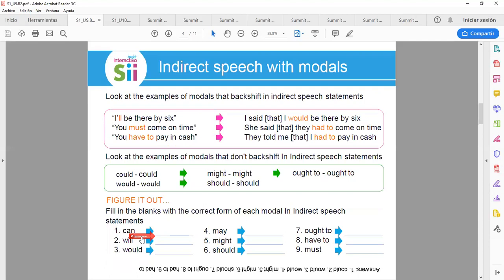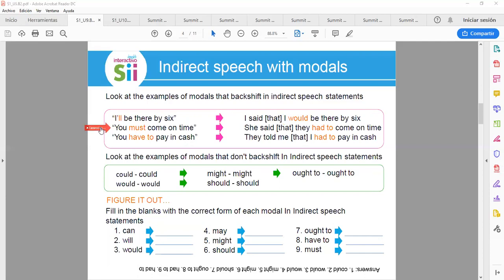Look at the examples of modals that backshift in indirect speech statements. "I'll be there by 6." Indirect speech: I said that I would be there by 6. As far as you can see, we changed the auxiliary will to would.